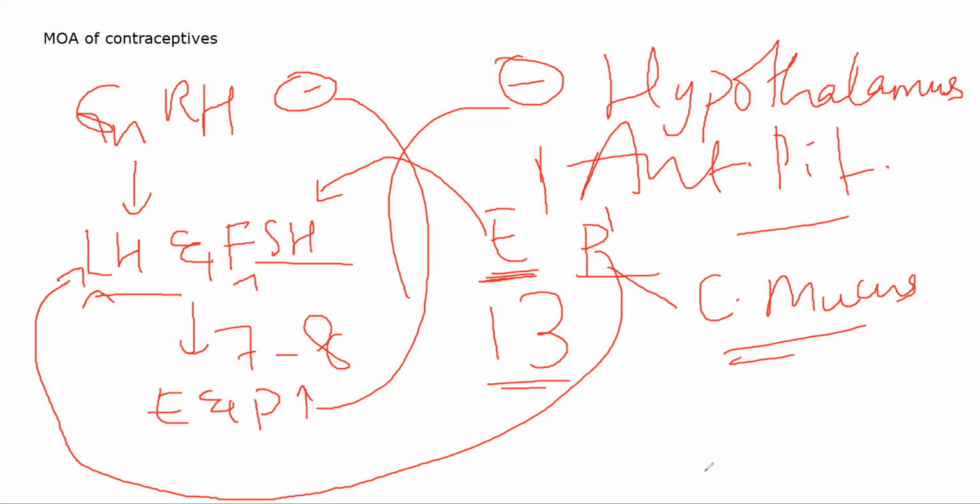Now, because they are messing with the normal physiological cycle, they will have a lot of side effects. Adverse effects will include headache, migraine, breast tenderness. It can cause amenorrhea, because your body will start getting confused. It can cause irregular menstrual cycles.